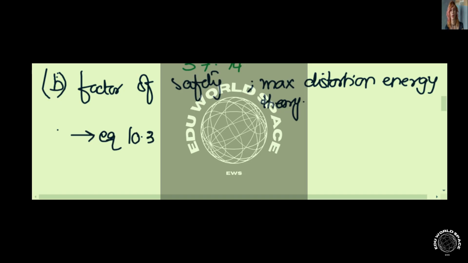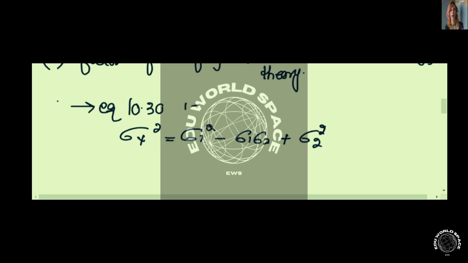equation 10.30. Here sigma sub y squared is equal to sigma sub 1 squared negative the product of sigma sub 1 and sigma sub 2 plus the square of sigma sub 2. We need to take the under root because we have a square on the left hand side.